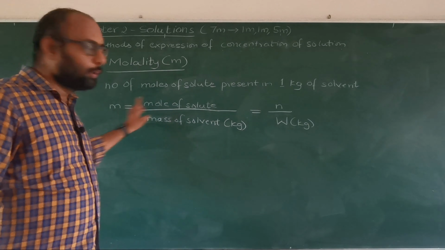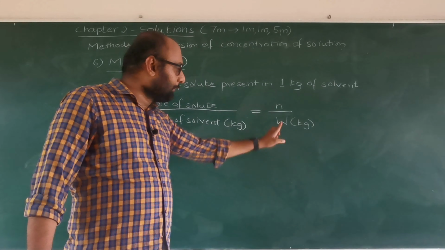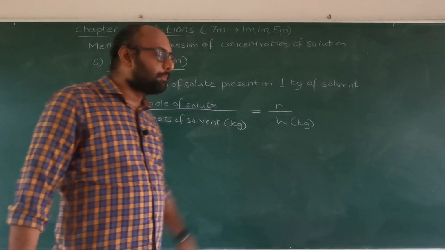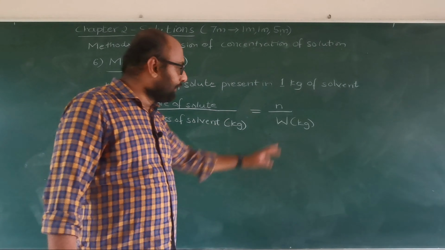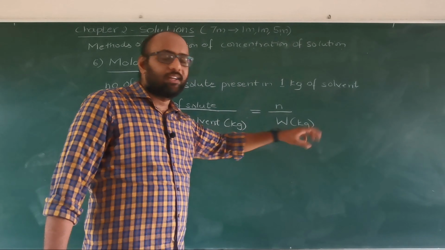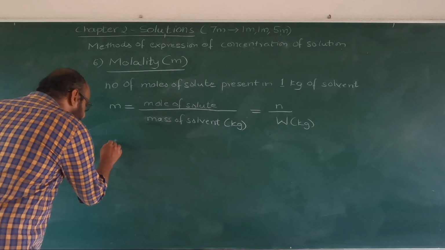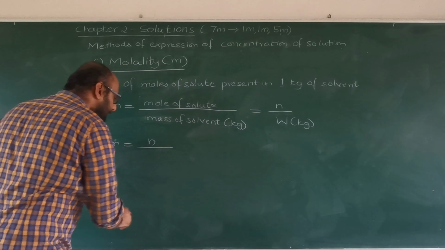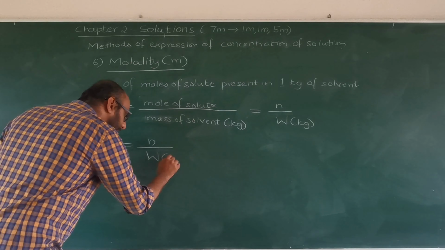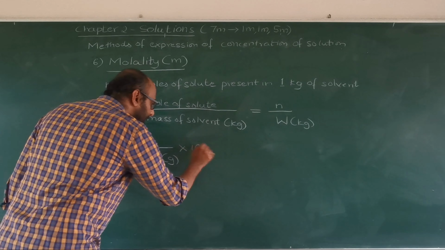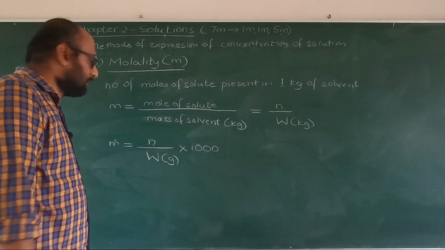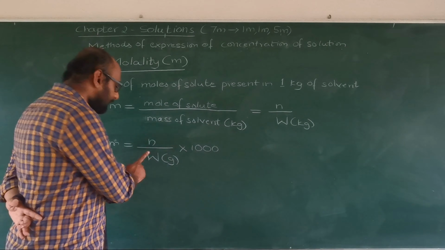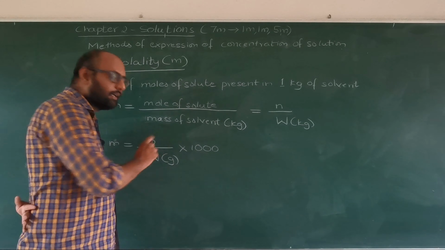So molality is equal to N by W, where W is the mass of the solvent expressed in kilograms. Now, what will be the formula if the mass of the solvent is expressed in grams? Molality will be equal to number of moles of solute divided by mass of solvent in grams, multiplied by 1000. This is the formula to express molality if the mass of the solvent is expressed in grams.